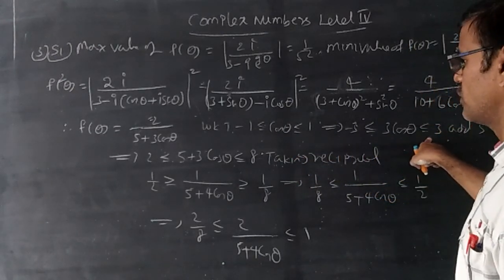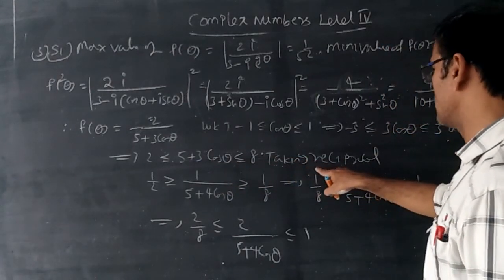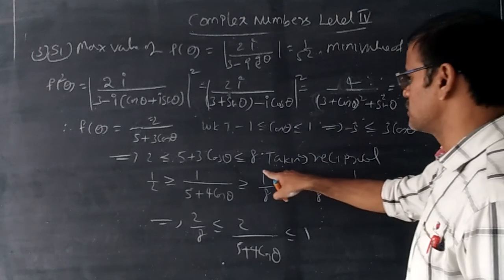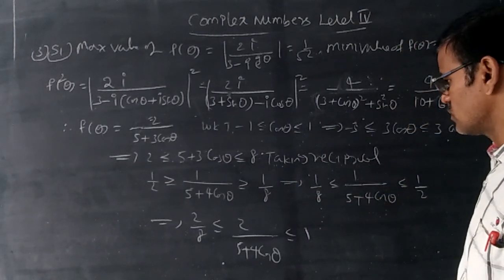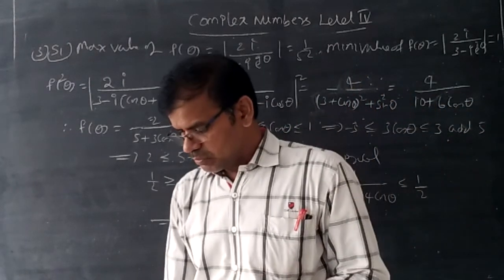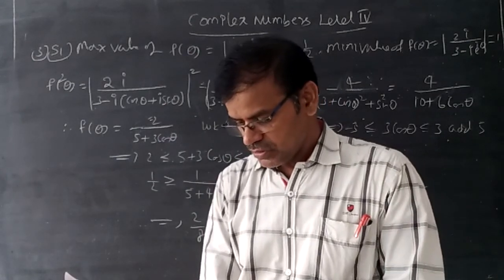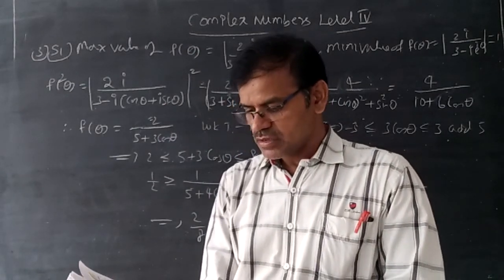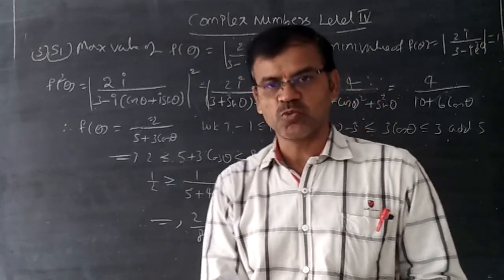Add 5 minus 3, 2, and 5 plus 3 becomes 8. Taking the reciprocal, 4 by 2 is greater than or equal to. So 1 by 2 and 2: the maximum value is 2 and the minimum value is 1 by 2. So this option is also wrong. Both are false; otherwise, in the second question the option should be, third statement 2 should be the maximum value.